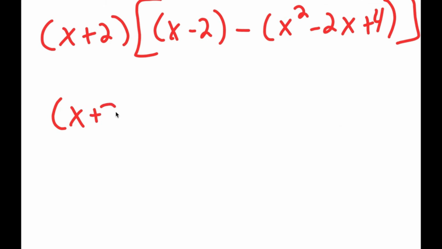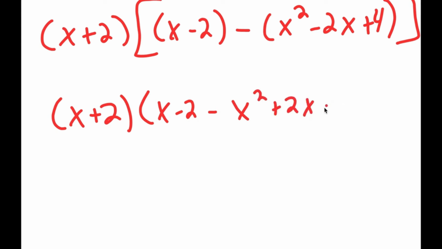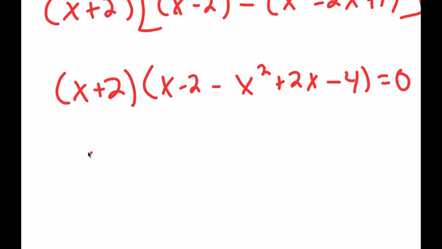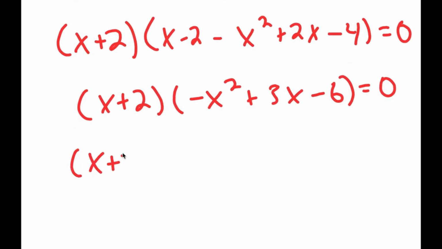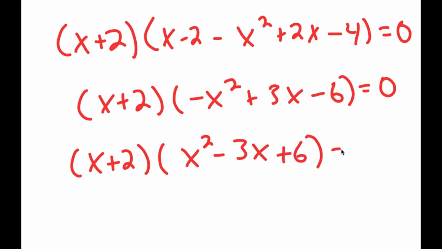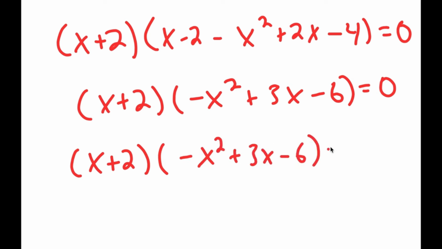And this turns into x plus 2 times x minus 2 minus x squared plus 2x minus 4 is equal to 0, which equals x plus 2 times negative x squared plus 3x minus 6 is equal to 0, which turns into x squared minus 3x plus 6 is equal to 0. Sorry, it's not. This is still negative x squared plus 3x minus 6 is equal to 0.